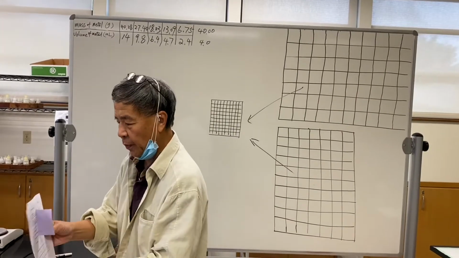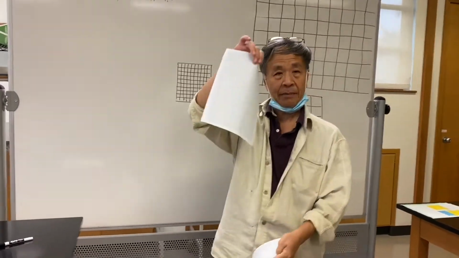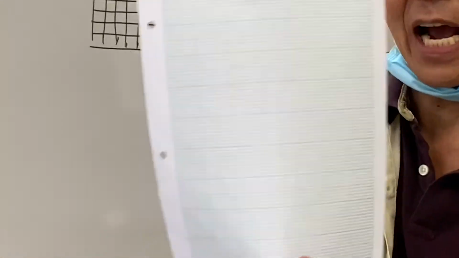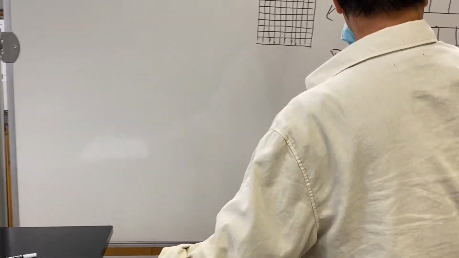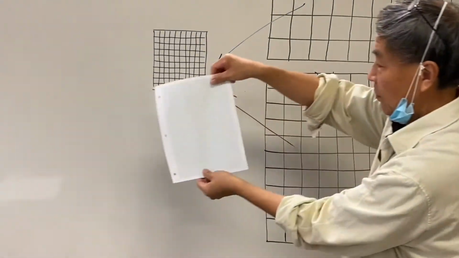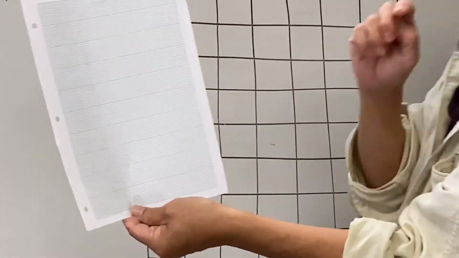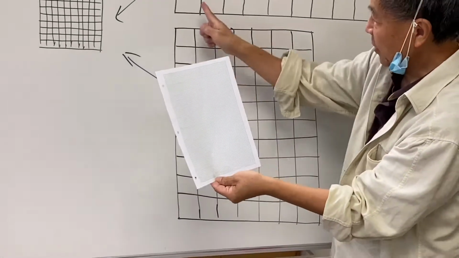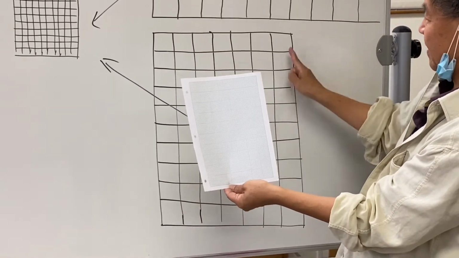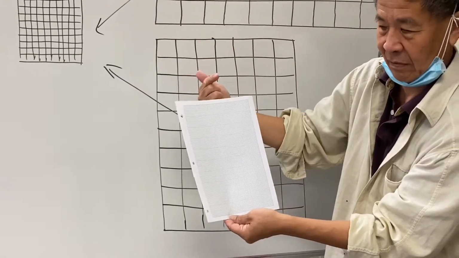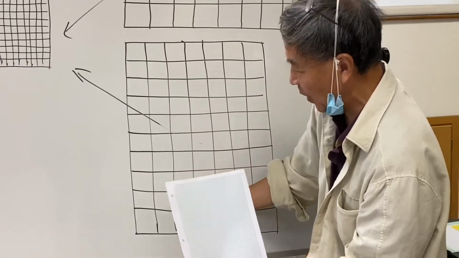Right next to page 22, you should have a piece of empty, unused graphing paper. The way it is right now, like so, it's what we call the portrait. You have 7 columns and then 10 rows all the way down.